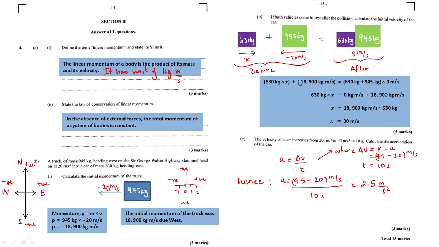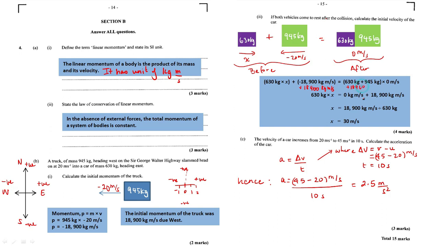In doing that, we transpose. We end up with 630 kilograms times x. Since this is a negative, we add 18,900 kg m/s to both sides, so this entire thing will be equal to 0.